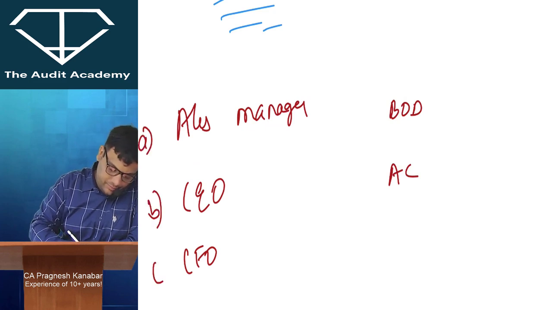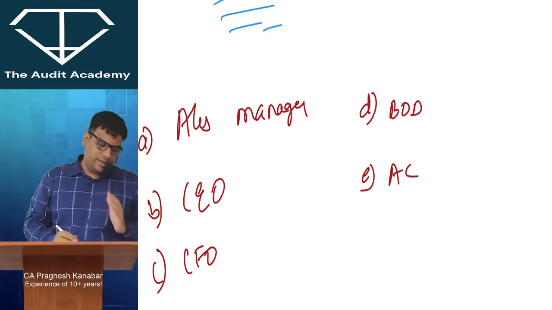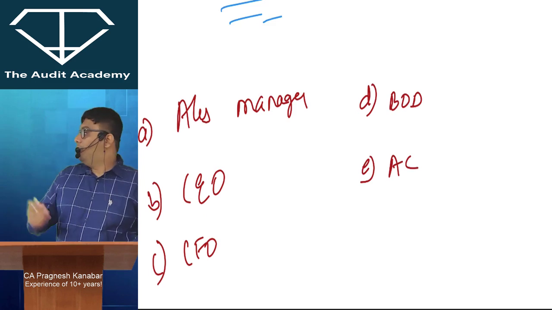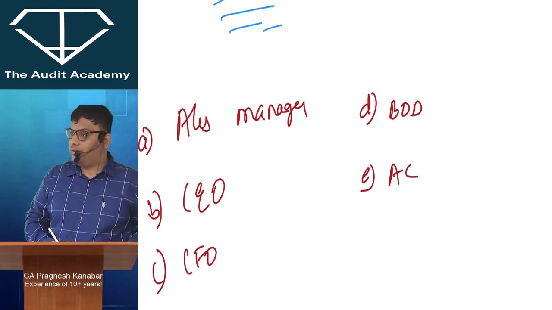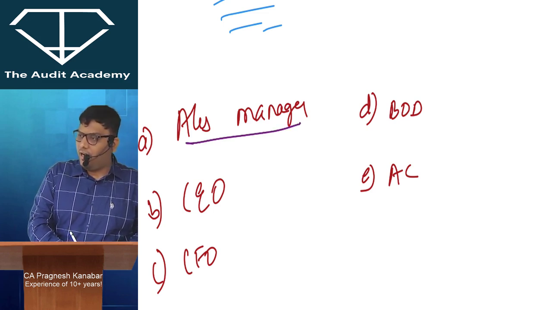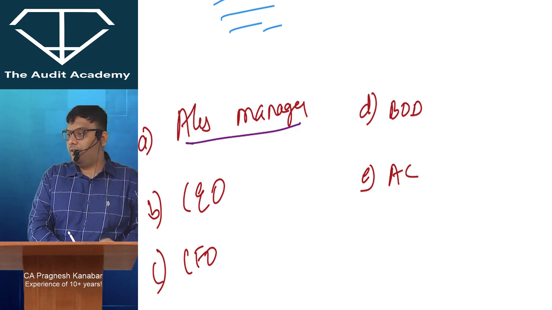Option A, B, C, D, E. Chalo, I write this A, B, C, D so that in Zoom you can participate. So tell me, who is the management over here and who is those charged with governance? Is A management or TCWG? Come on, guess. Accounts manager is a part of management or those charged with governance?